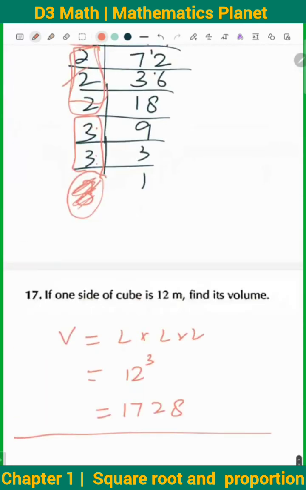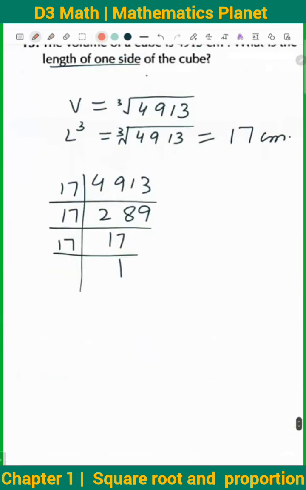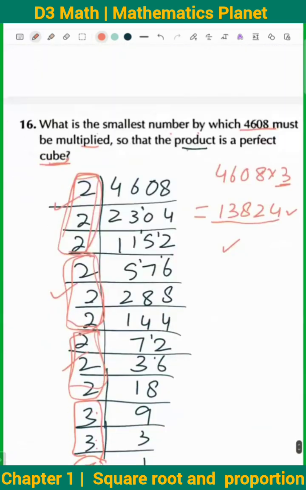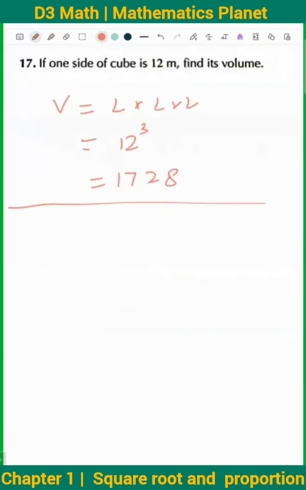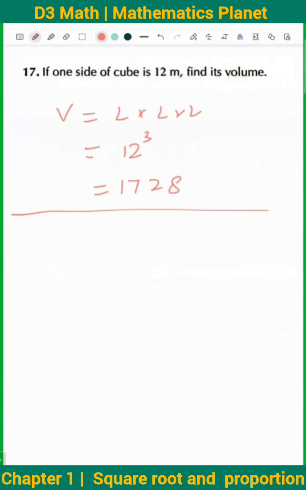Okay, so any confusion in this exercise? We're done with all of this topic about square roots and cube roots and significant figures. Ma'am, the answer is 1728. Tell me if there is any problem or confusion before I start the next topic.